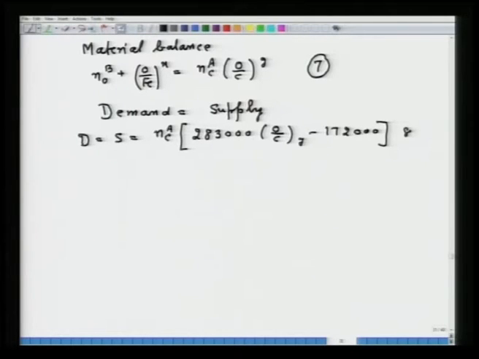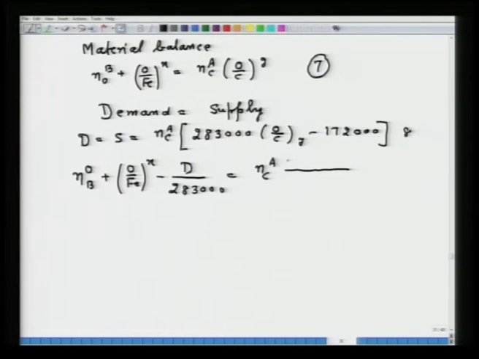Now, by 7 and 8 we can write down the equation, rearranging in this particular form: NOB plus O by FeX minus D upon 283,000 is equal to NCA times 172,000 upon 283,000. Let us take this as equation number 9.